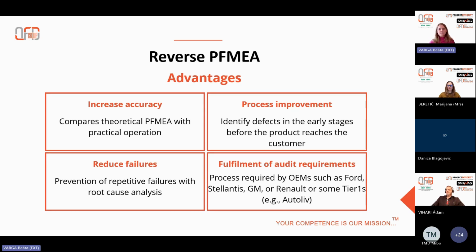So it's not just a good practice, but also a requirement from the OEMs and the bigger suppliers. Overall, reverse PFMEA improves accuracy, prevents failures, drives process improvement, and ensures compliance with customer expectations.